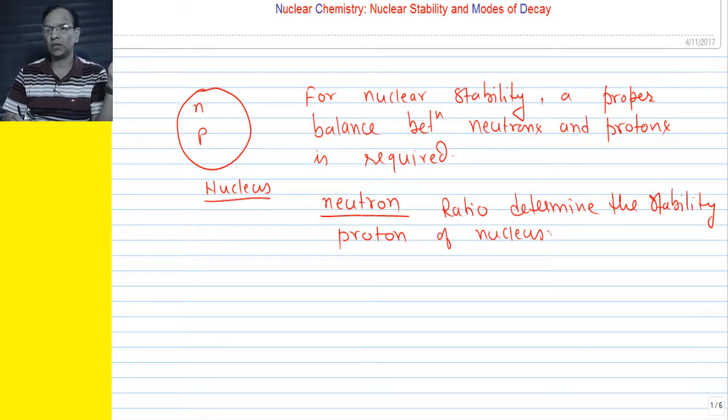For lighter elements, the number of neutrons required for nuclear stability is almost equal to the number of protons.